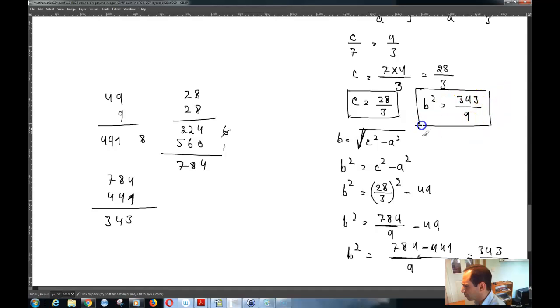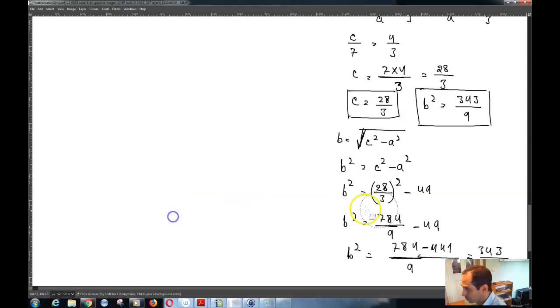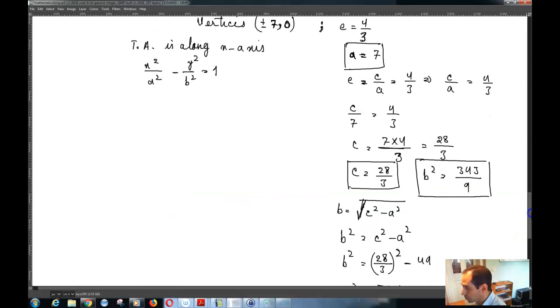Now we can write our equation: x squared by a squared, x squared by 49, minus y squared over b squared, which is 343 by 9, is equal to 1.